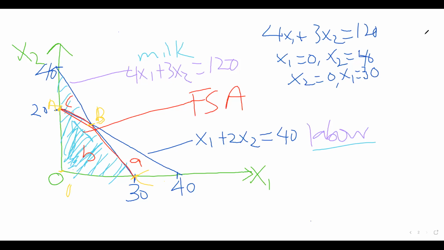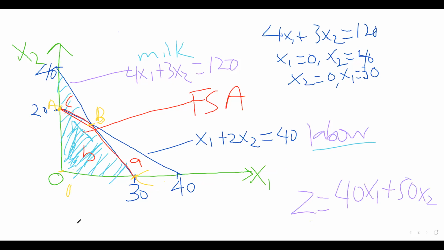The Z formula, the objective function formula, is given by Z equal to 40x1 plus 50x2. All right, this is the Z formula.